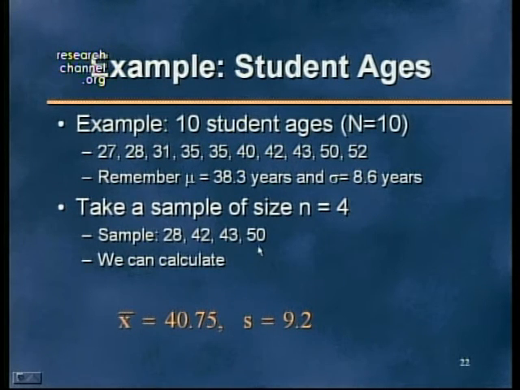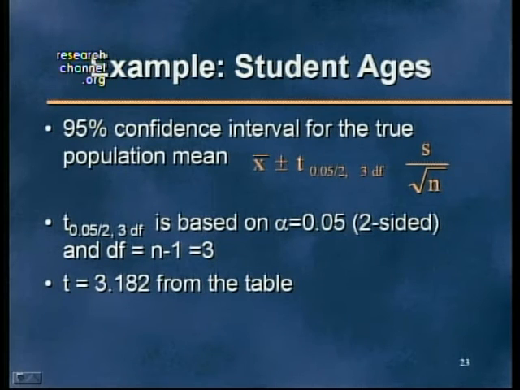We can calculate the mean as 40.75 years. We can also calculate the standard deviation based on those 4 observations as 9.2 years. The confidence interval would be based on taking the sample mean plus or minus a t times s over the square root of n if we didn't know the population standard deviation.